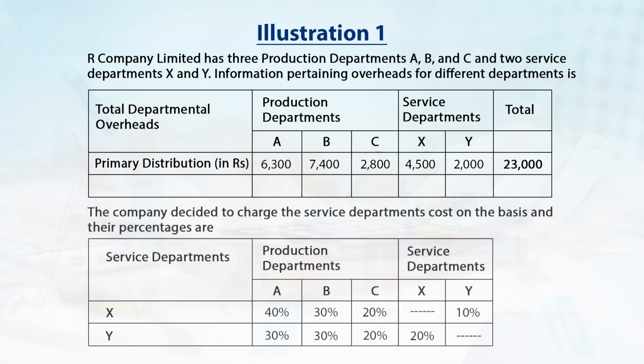The company decided to charge the service department cost on the following percentage basis. For service department X: production department A 40%, B 30%, C 20%, and service department Y 10%.